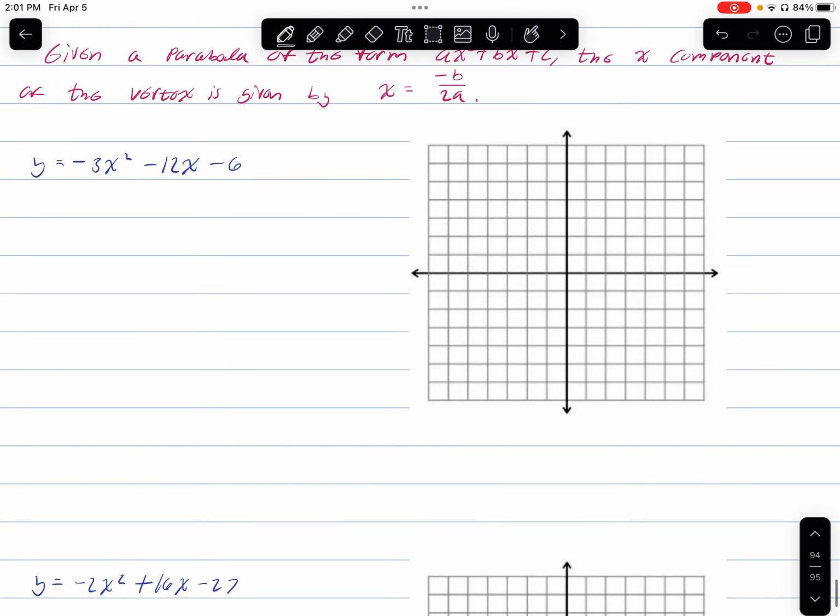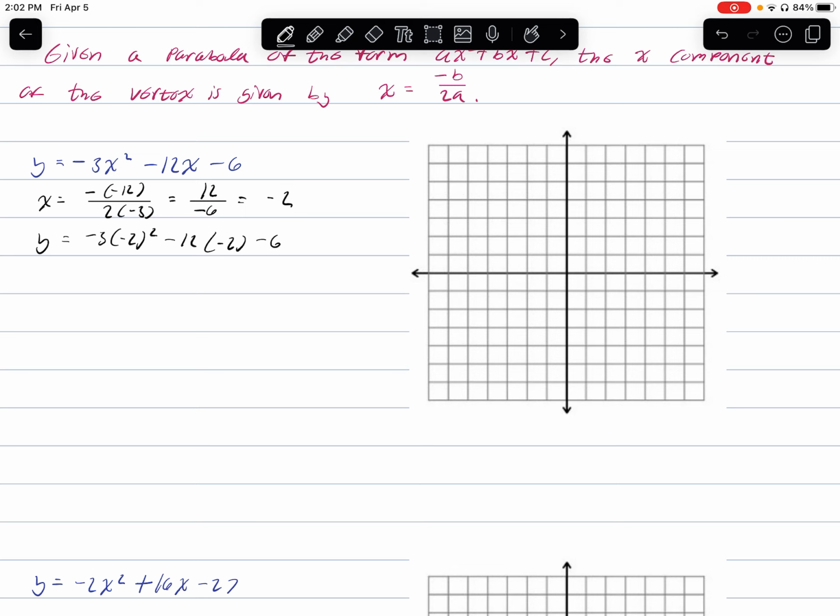Here in this example, if we want to use x equals negative b over 2a, we can write x is equal to negative 12 over 2 times negative 3. That's going to give us 12 over negative 6, which is just negative 2 if we simplify that. So the y component of our vertex is going to be given by y equals negative 3 times negative 2 squared minus 12 times negative 2 minus 6.